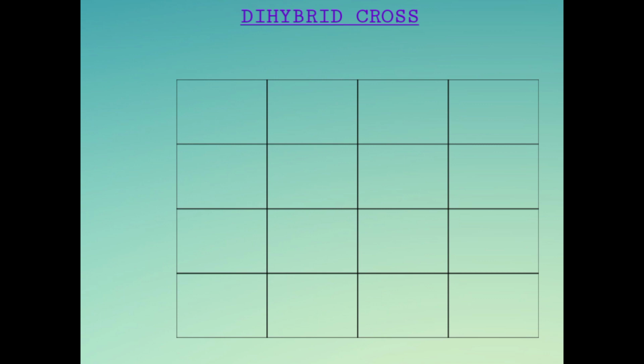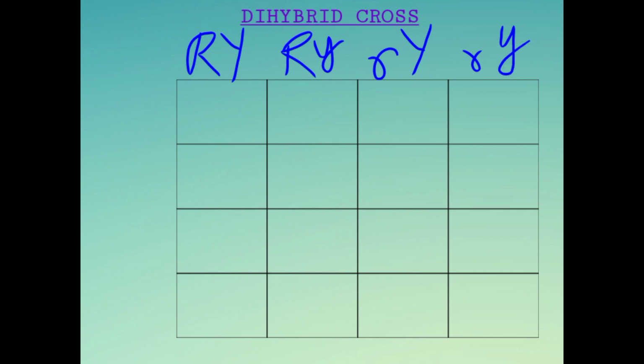Let me write here: capital R capital Y, capital R small y, small r capital Y, small r small y.